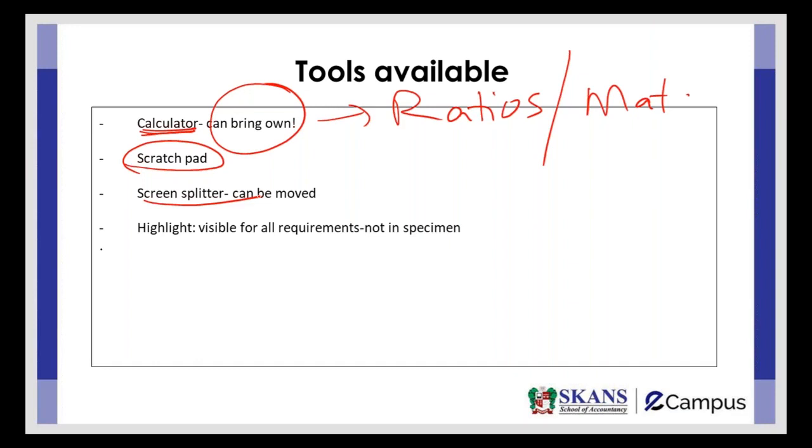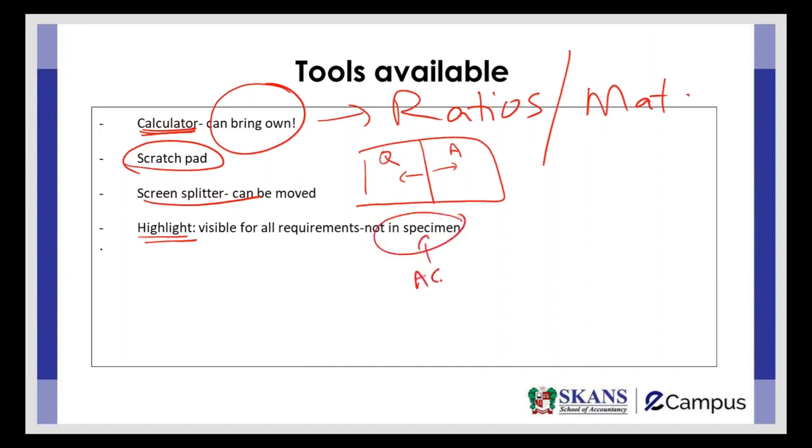You have a screen splitter. So if this is your screen, your question is over here, your answer is over here. You can move this to make the question bigger or smaller. You can highlight areas on the question. On the ACCA website, you cannot do it, but in the actual exam, in the Campus Insight platform, you can do it.